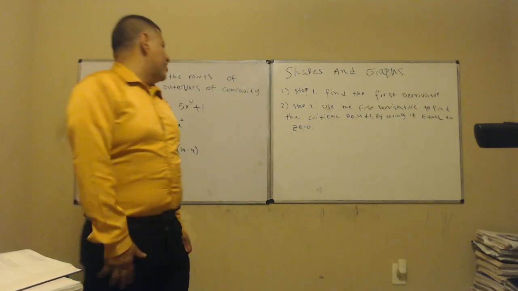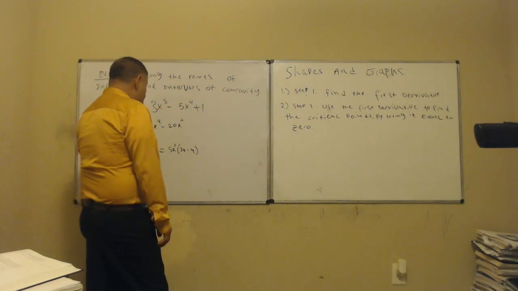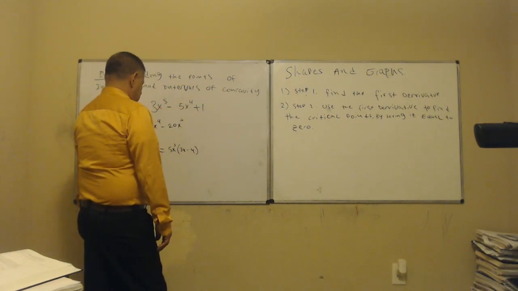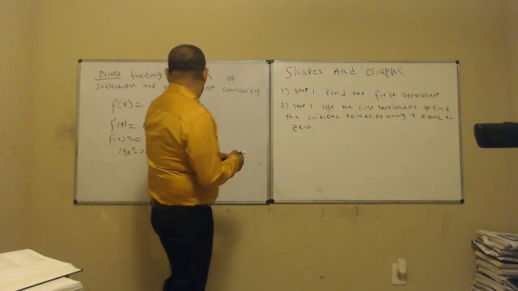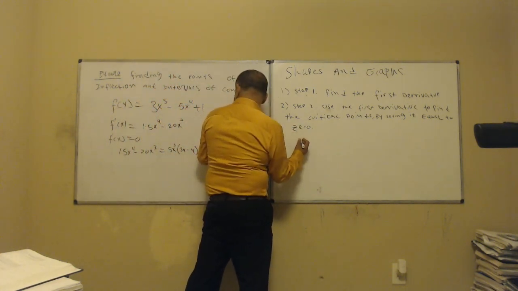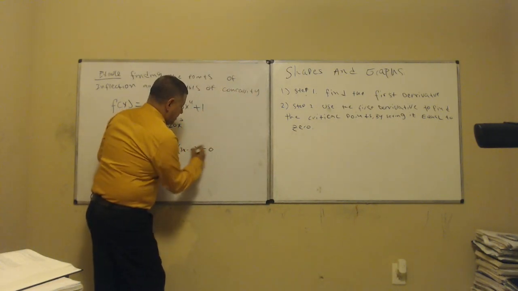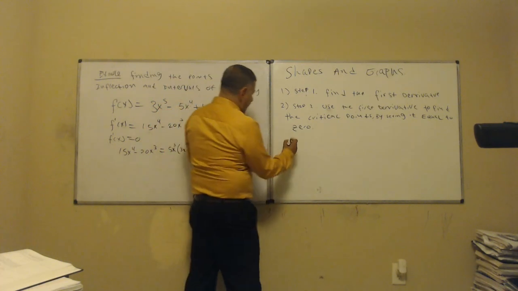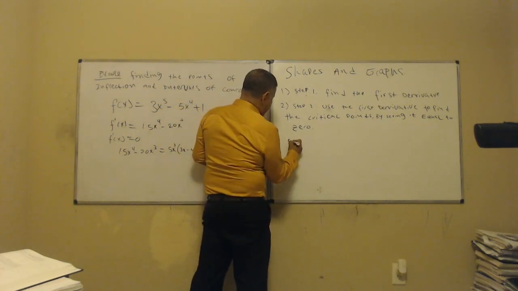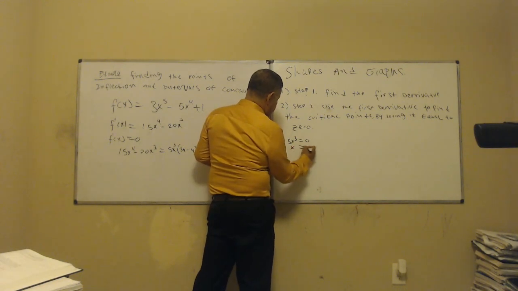Well, this is the critical point, so yes, we do, just in case we need it, because sometimes you need it. So I set this equal to 0. If 5x cubed equals 0, then x is equal to 0.